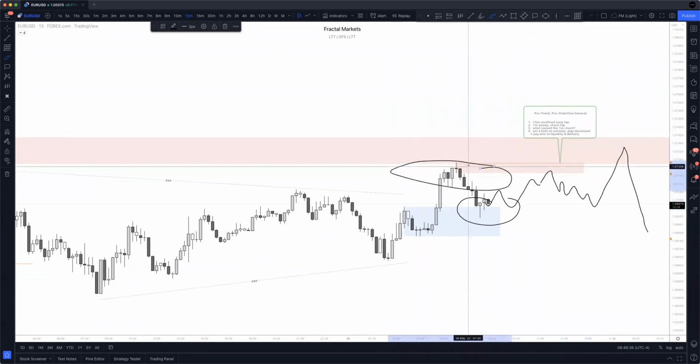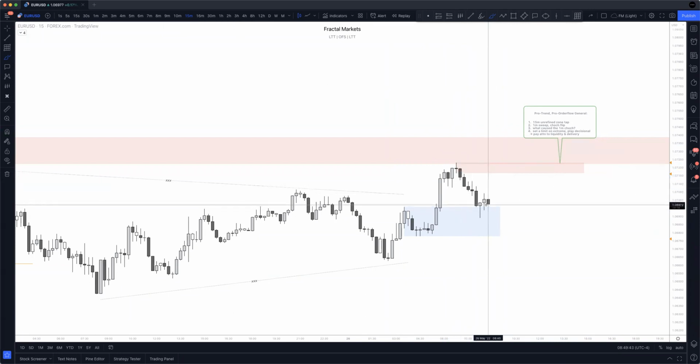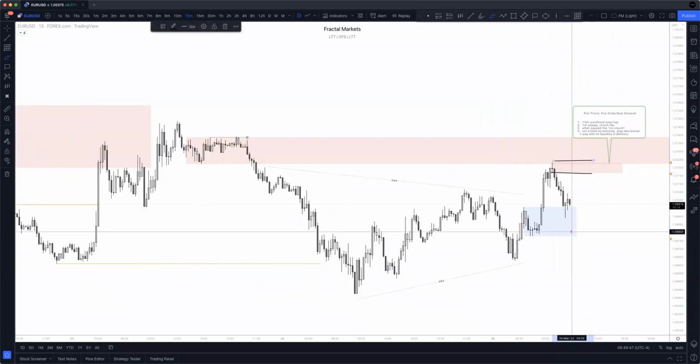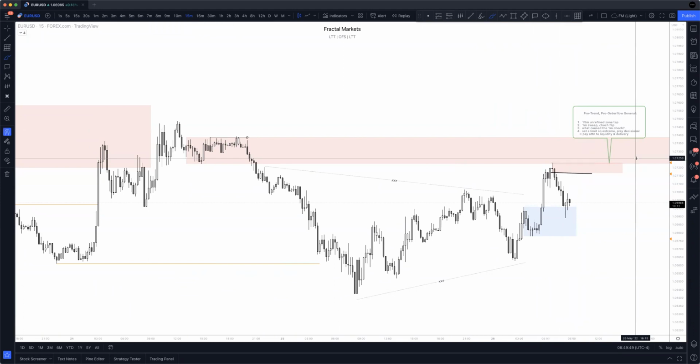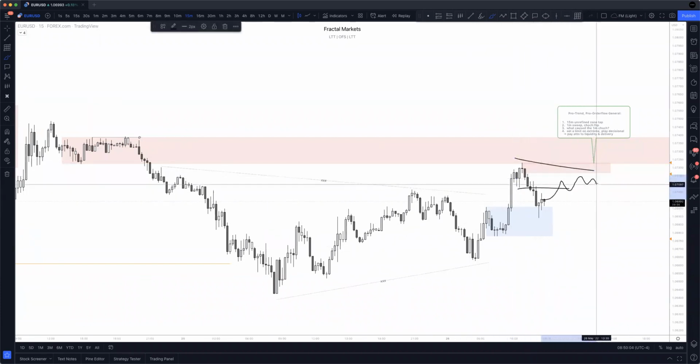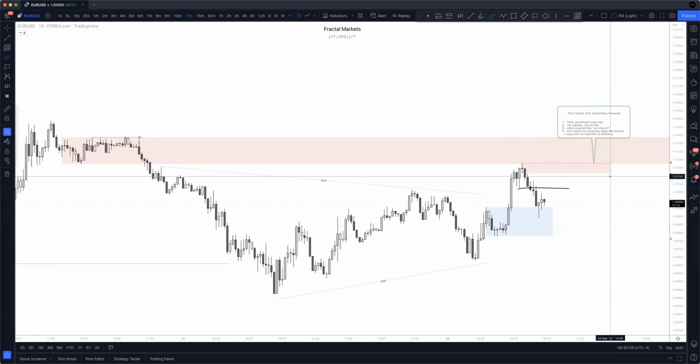But personally, I would much rather look at something that gets engulfed. You can still look at this entire supply range, but you have to be more careful with it for sure.